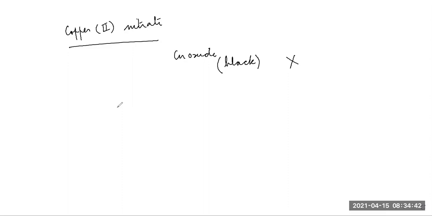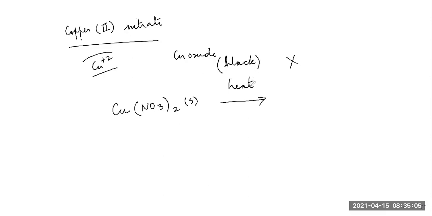Can anyone suggest? Copper nitrate, Cu(NO3)2, as it is copper 2, so copper plus 2, right? Fine. Cu(NO3)2 solid, when you heat this, becomes CuO, copper oxide, and nitrogen dioxide.